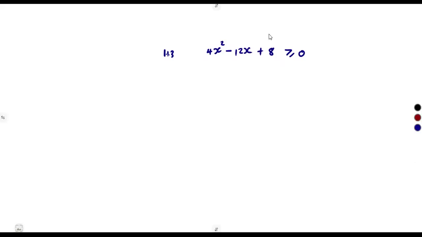But before we look into that, we can also reduce our inequality. Just like an equation, it can be reduced if we've got a common factor. In our case, 4 is common. 4 is the highest common factor. So we can choose to reduce each and every number by 4. So that was going to be x squared, minus 12 divided by 4, that is negative 3, and 8 divided by 4, that's positive 2, which is greater than or equal to 0.